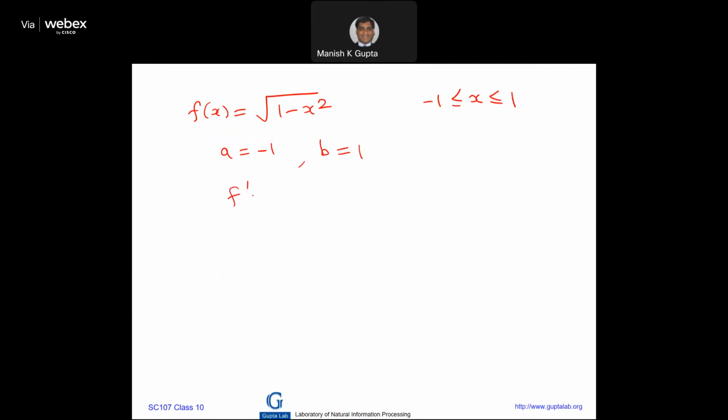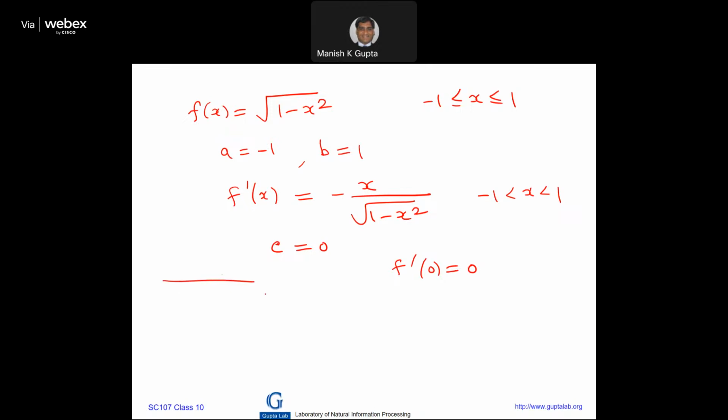The derivative of f of x is minus x divided by the square root of 1 minus x squared, for minus 1 less than x less than 1. So f is not differentiable at the endpoints, and for this, c turns out to be 0. So f dash of 0 is 0. A simple application of Rolle's theorem.